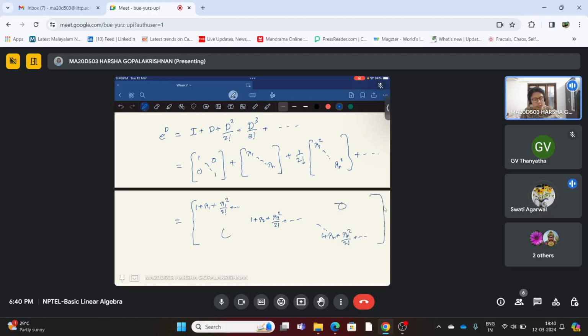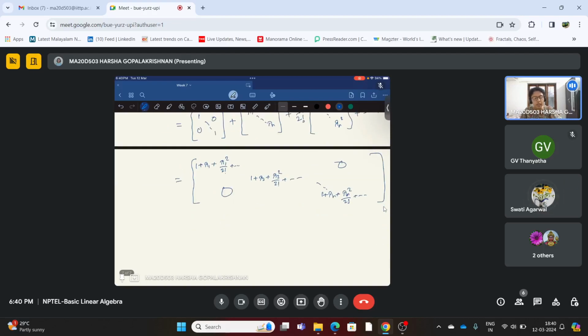Here it is 0, here it is 0. Now, what is 1 plus lambda 1 plus lambda 1 square by 2 factorial plus etc.? Again, it is e power lambda 1, and this is e power lambda 2, etc., e power lambda n.